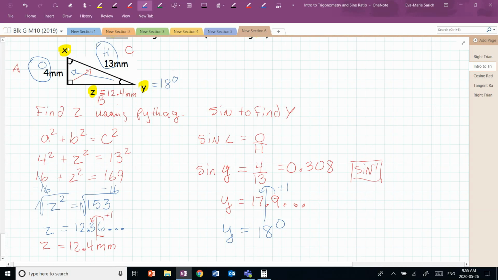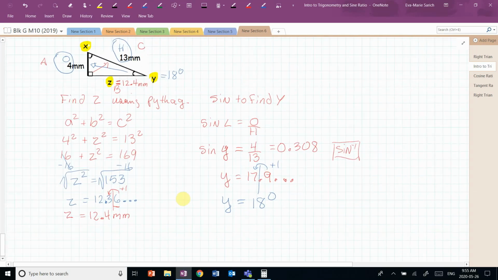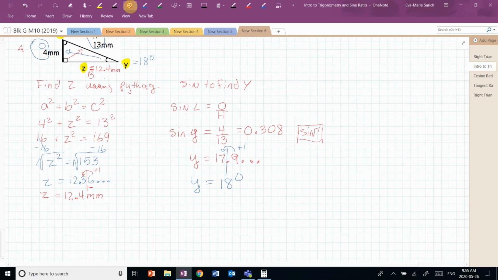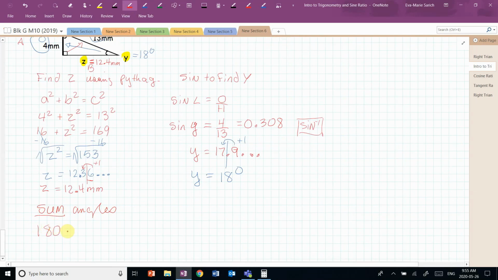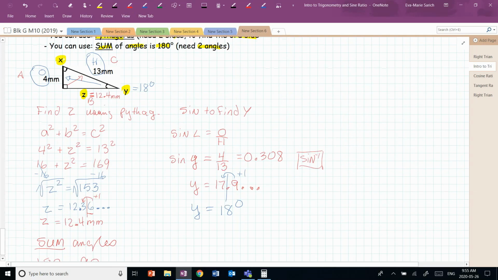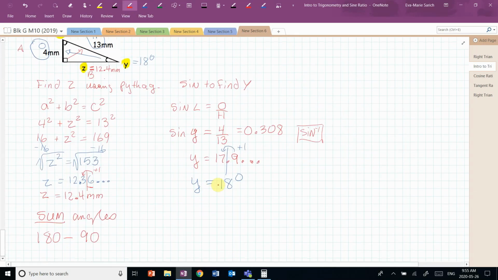So for the missing angle over here, the easiest way to find it is to use the sum of the angles. Remember, 180 minus 90, which is the right angle there, minus the other one that we found, minus 18, is going to give us the third angle.